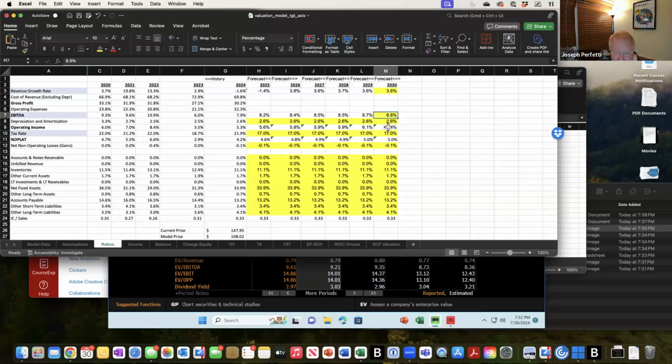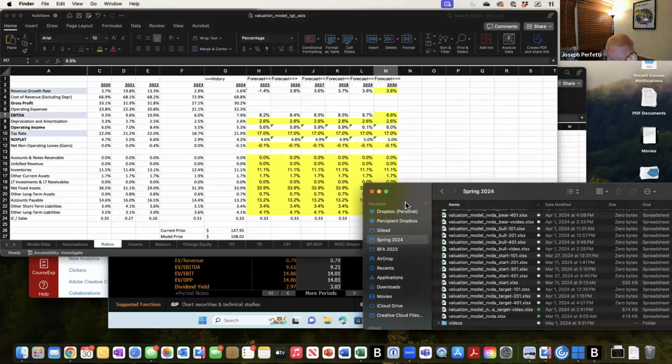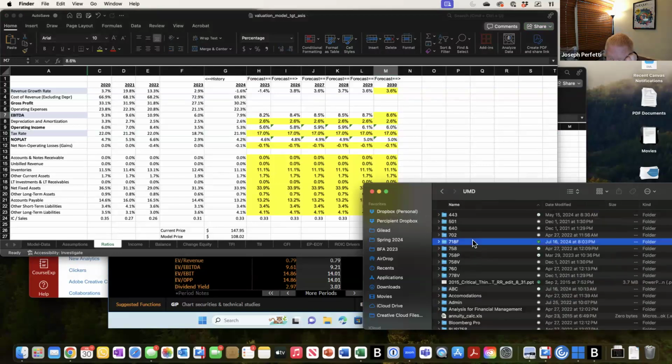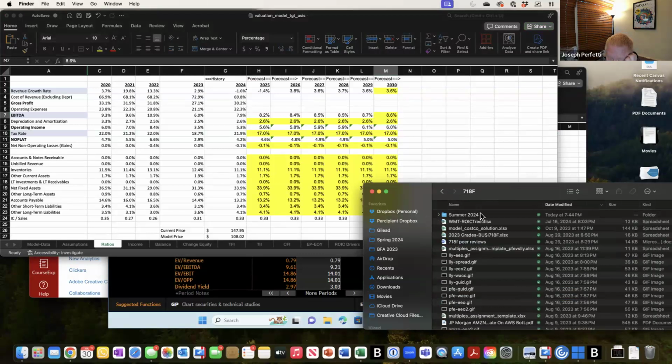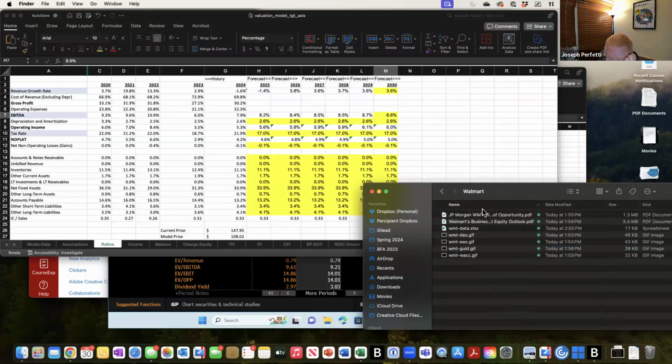EBITDA, based on the perpetuity, tax rate. I need a tax rate. Now, for most companies, what I gave you is something called the guidance.